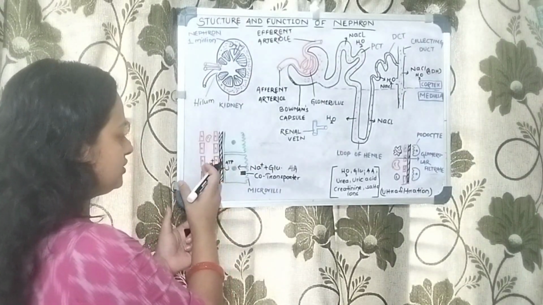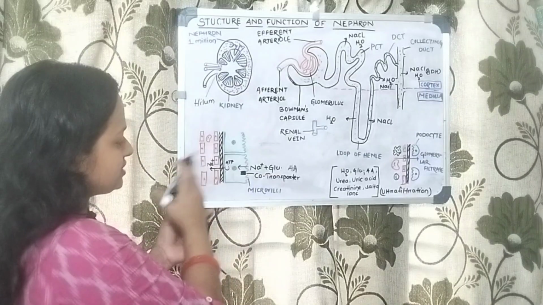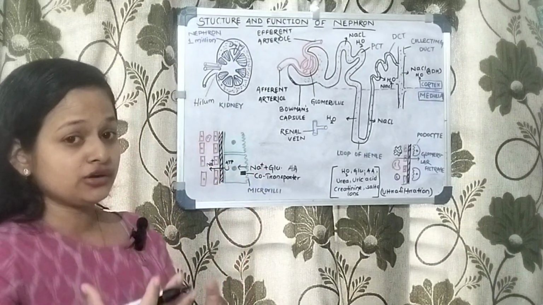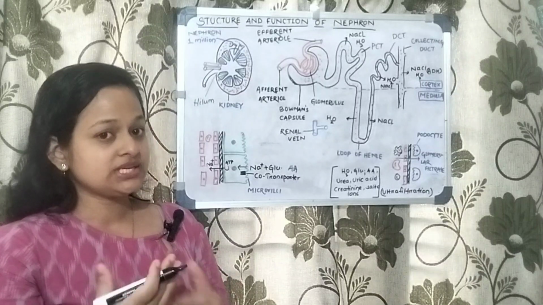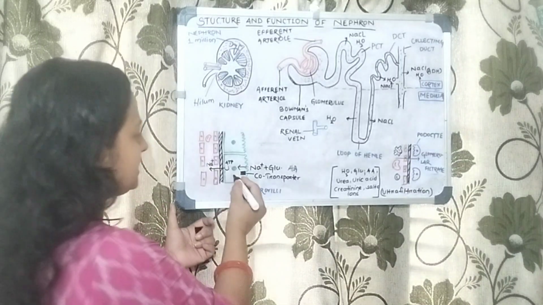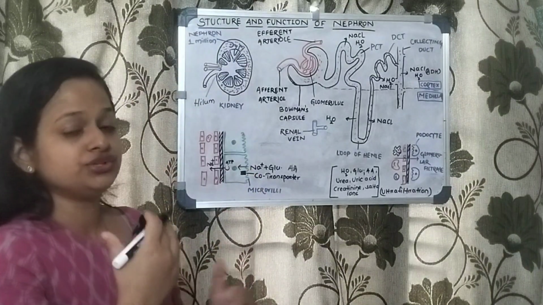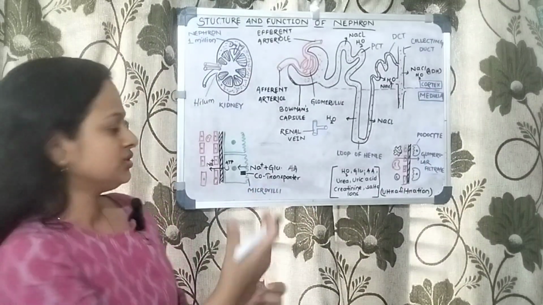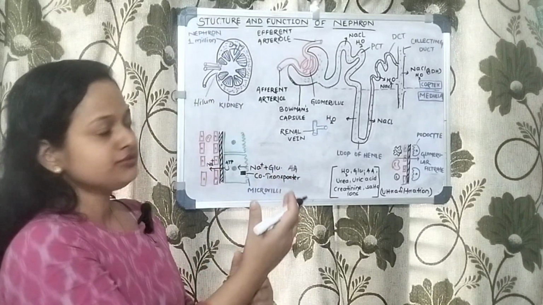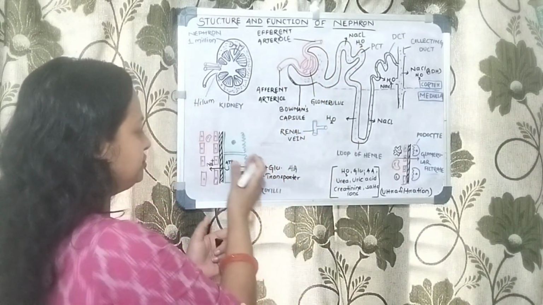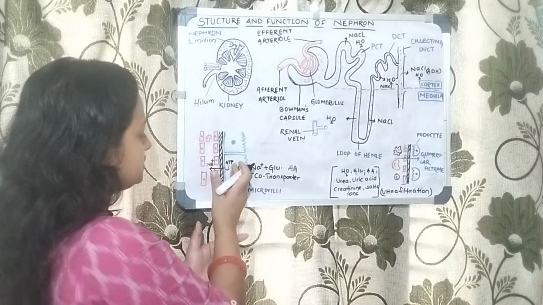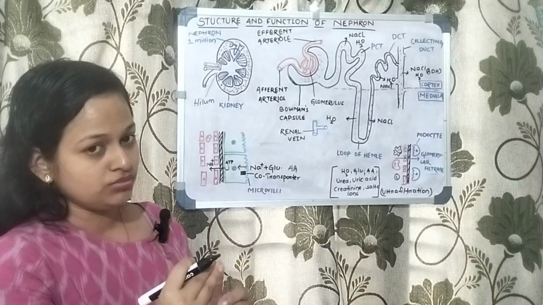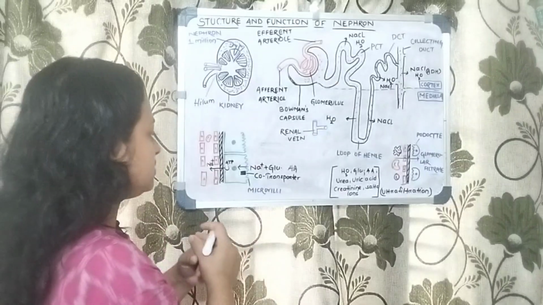After the sodium is transported into the capillaries, there will be a lack of sodium in the cells of the PCT. So to replace this lack, the co-transporter will again transport the sodium, glucose and amino acid from the tubular fluid into the cells, and again the sodium is transported into the blood of the capillaries.